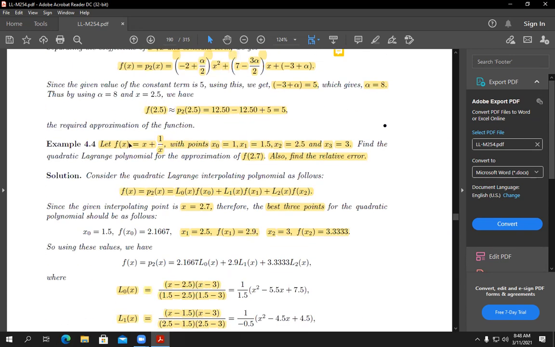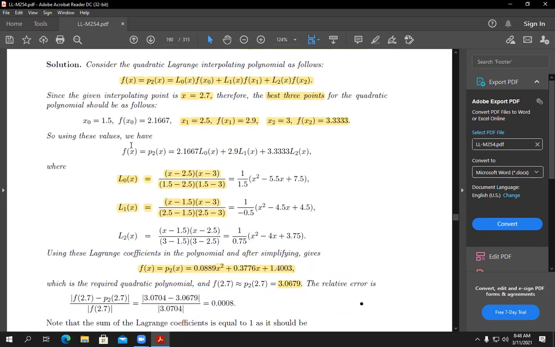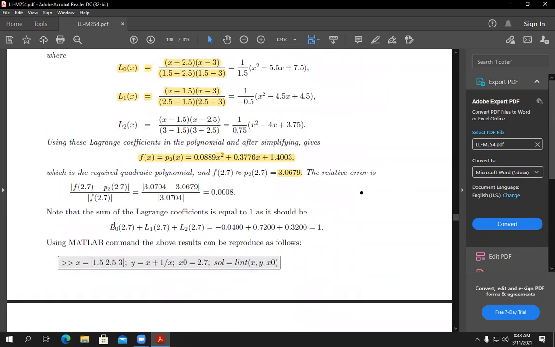The value of the function at the given point is always your alpha exact. When you calculate the approximation, you just find it by yourself, divided by the exact solution.